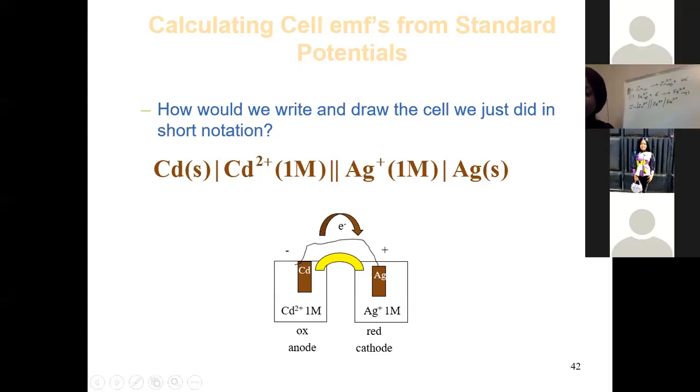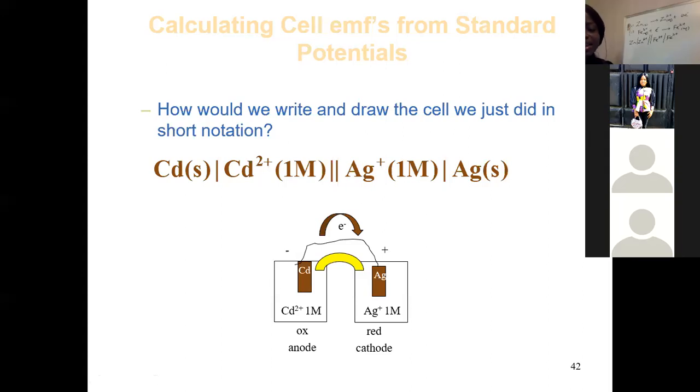You are not doing anything with the reduction potential. When we get to that, we can look at that. But for now, we just want you to write the cell notation. I can see somebody's response is the same as what we have on the board. Does anybody have a different opinion from this?